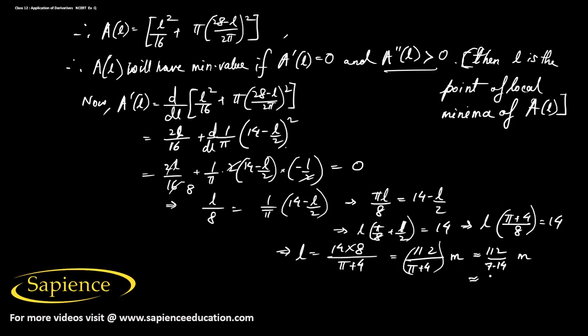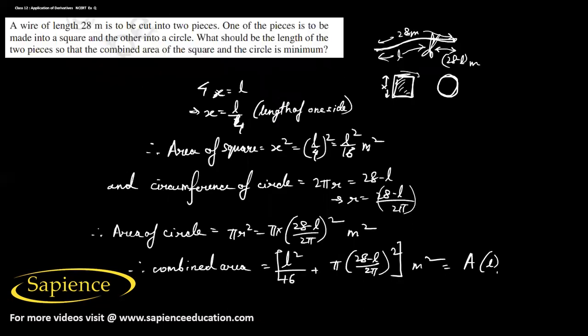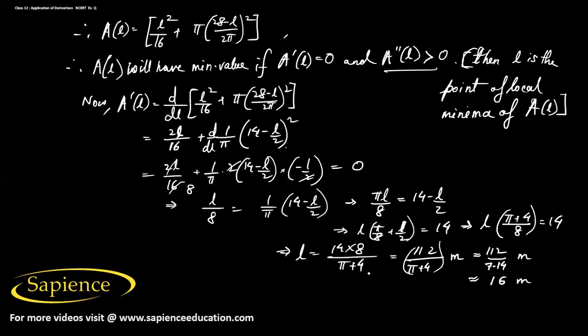If we solve it, 7 1s are 7, 7 6s are 42, so slightly less than 16 we will get. So approximately 16 meters, and the other length will be 12 meters approximately.